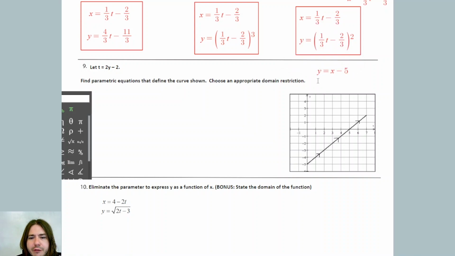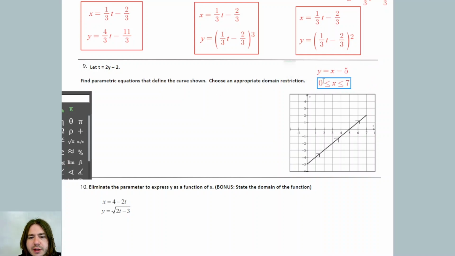And then for the domain of this rectangular equation, we can see that the minimum x value is 0, and the maximum x value is 7. So we'll say that x is in between, not 1, but 0 and 7. We don't see open circles here, so we'll just assume that we do include the endpoints.